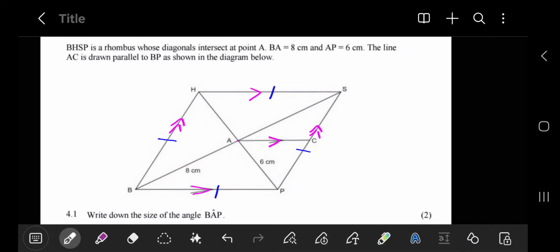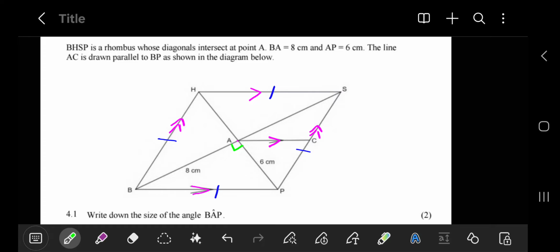4.1 says, write down the size of angle BAP. So an important property of a rhombus is that the diagonals bisect each other, but also that they bisect at 90 degrees. So where we need to get angle BAP, that question is purely testing you on the properties of a rhombus. Angle BAP is 90 degrees.